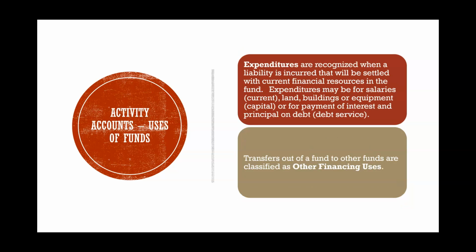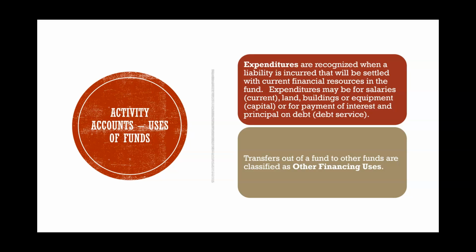So expenditures, they're expenses, right? We just call them expenditures in these governmental category type funds, right? So they're recognized anytime a liability is incurred, and it'll be settled with our current financial resources in the fund. That is why we call them expenditures, not expenses. So expenses can be long-term, things that are going to be paid off with long-term resources. However, an expenditure, when we think about it in terms of these governmental category type funds, is going to be paid off with current resources.